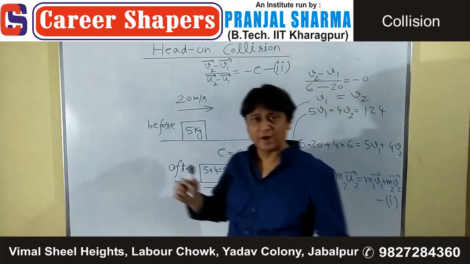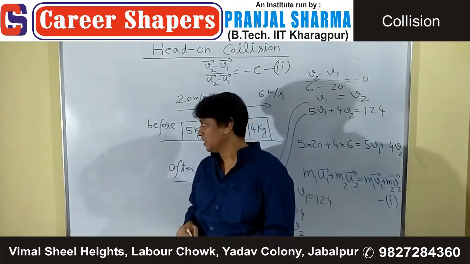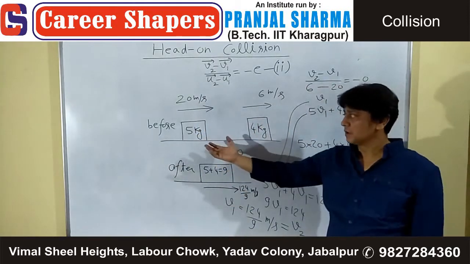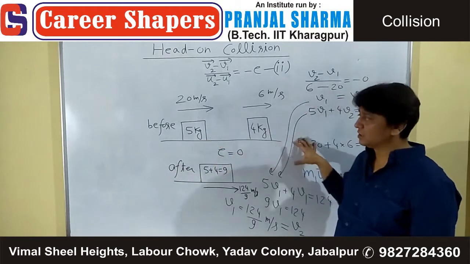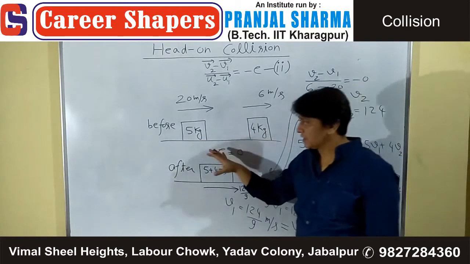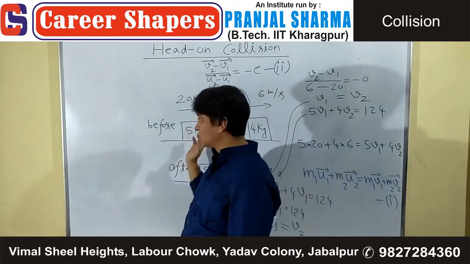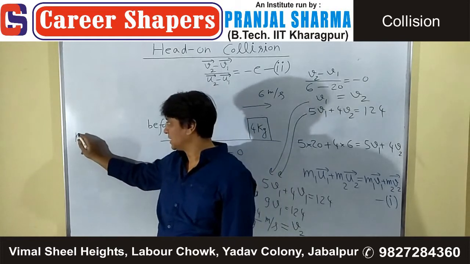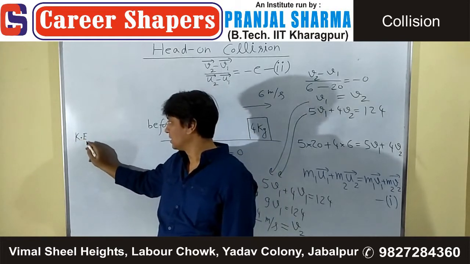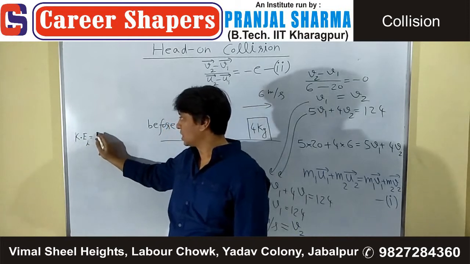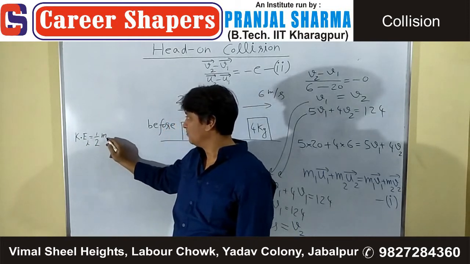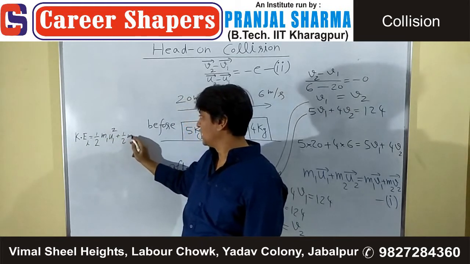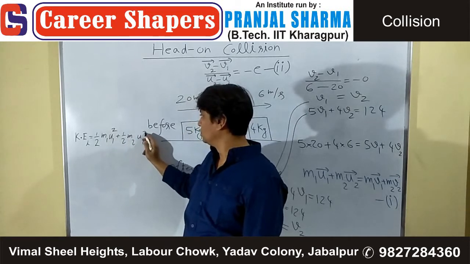Next part is to find out the loss of energy. When you talk about loss of energy, you can see that they are moving on a frictionless horizontal surface. Initially, the kinetic energy of the system is half m1 u1 square plus half m2 u2 square.